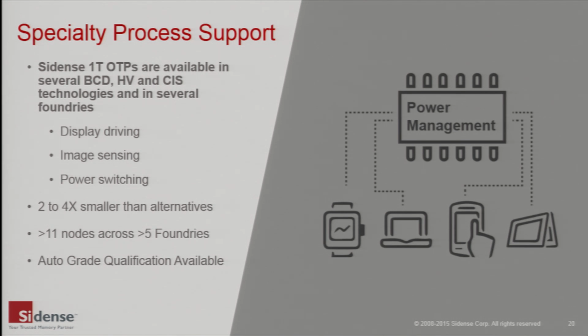The inherent stability and reliability of Sidense technology over a wide temperature range supports applications such as power management chips, display drivers, and image sensors. Sidense OTP in these processes has been adopted by many leading chip suppliers and is designed into many of the smartphone chips we discussed in the previous slide.